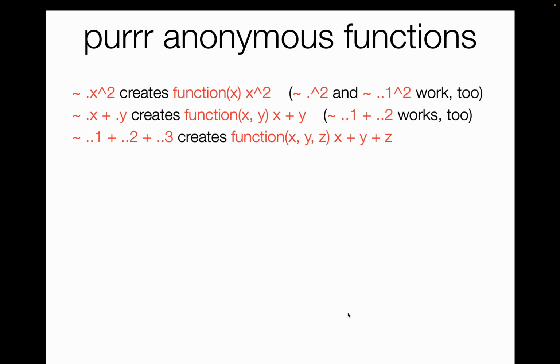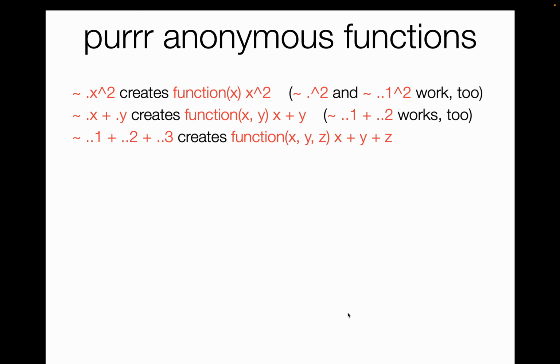And so here's a little helper to give you a sort of rubric of how they work. So ~ .x squared creates a function x squared. ~ .x plus .y creates a 2-argument function x plus y. And you'll see over on the left other things that will work.